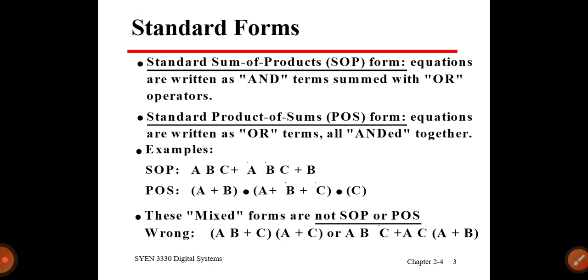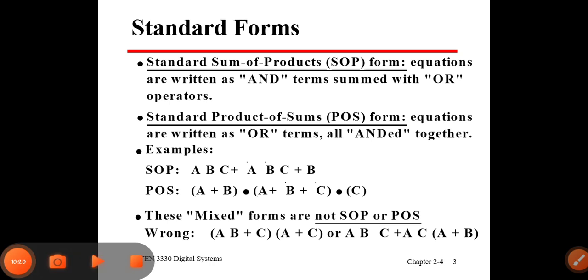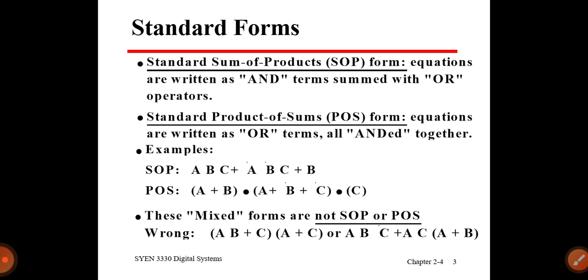Standard sum of the product. That is a sum of the product, can be written as a SOP form. Equations are written as AND terms. AND terms can be used, and summed with the OR terms.